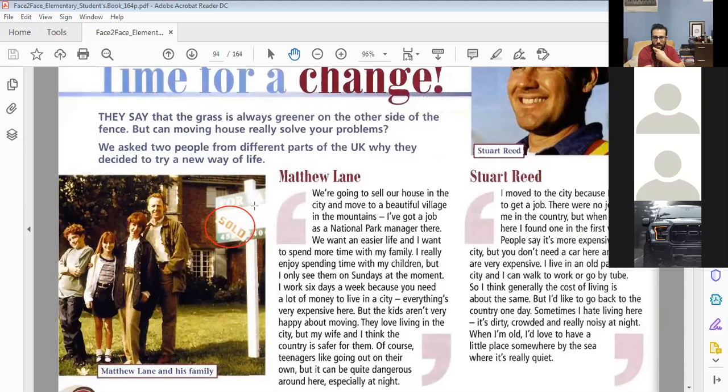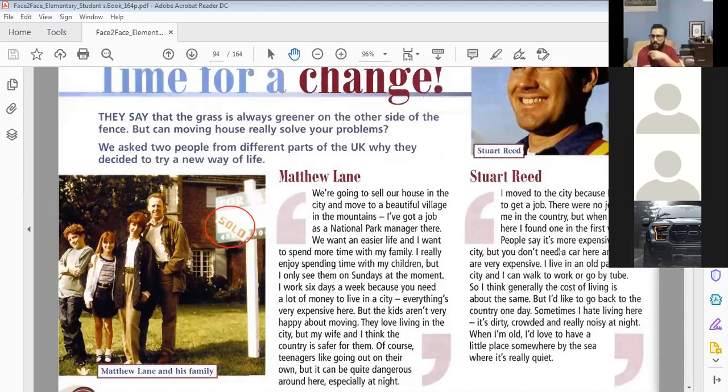Why did he move from the country to the city? The life in the city is very expensive. He spends a lot of money. Is that true? No, I'm not speaking about Matthew. I mean Stuart, the second person on the right, number 2. Why did Stuart move to the city?